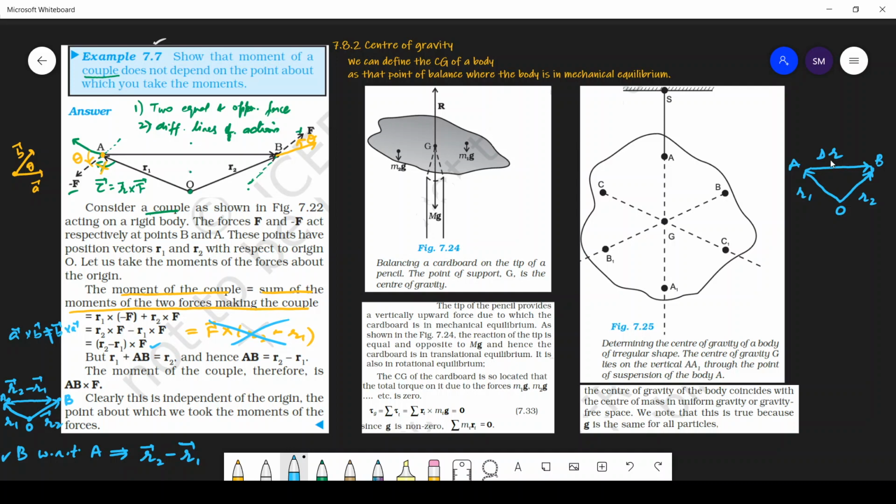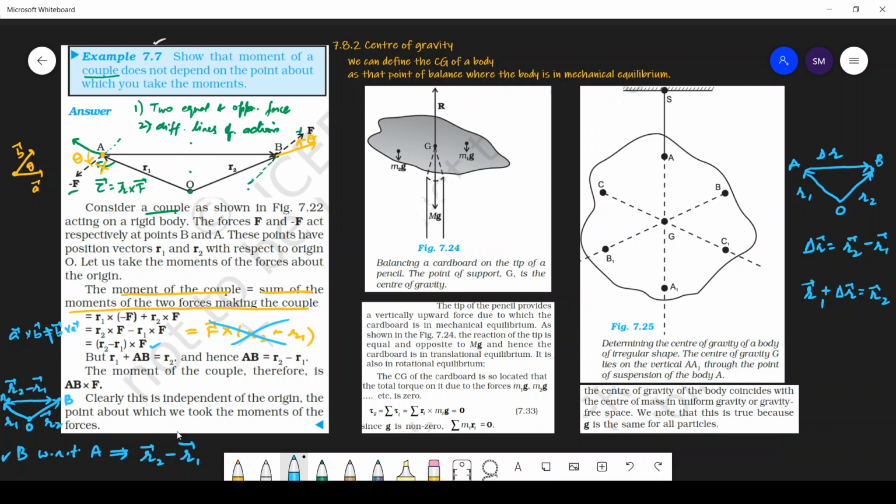Now what is delta R? Delta R is final position minus initial position, and you can find it from the triangular law also. That's the same thing. You started from origin R1 and then plus delta R, so initial position plus displacement, you reach the final position, that is your R2.